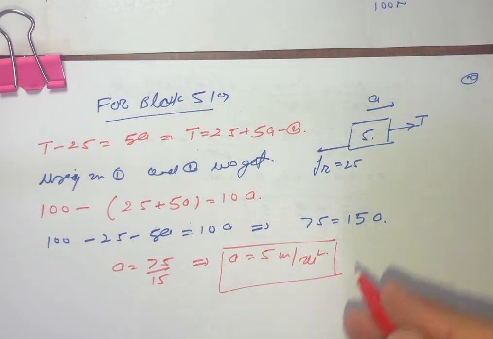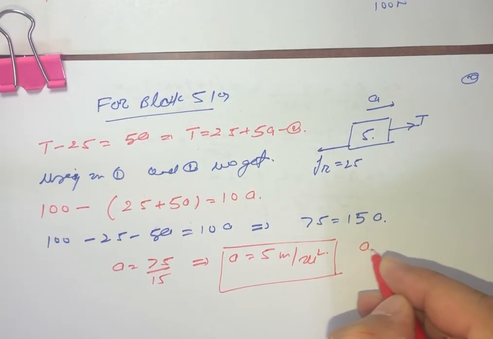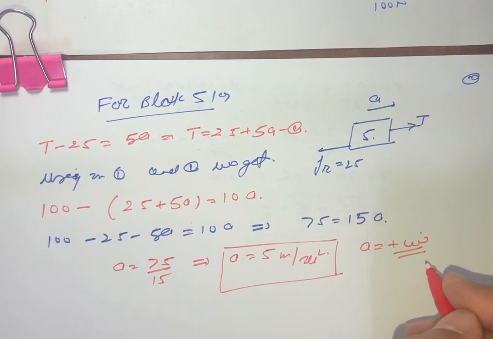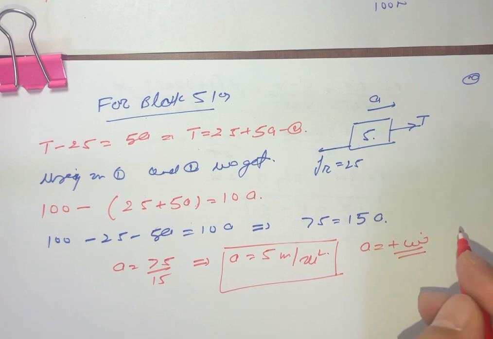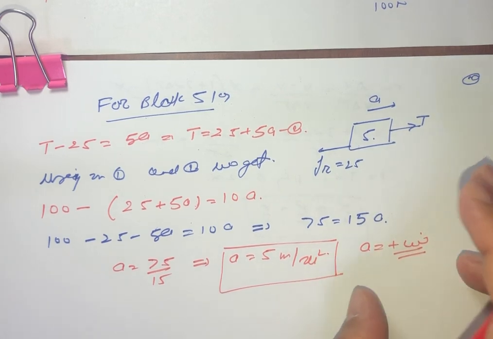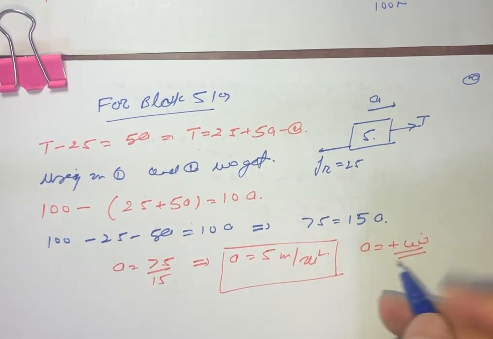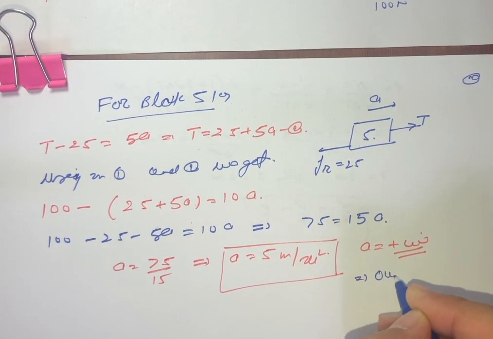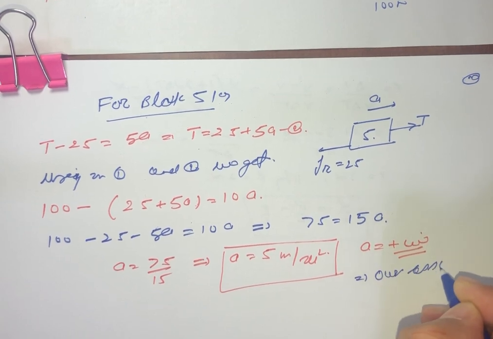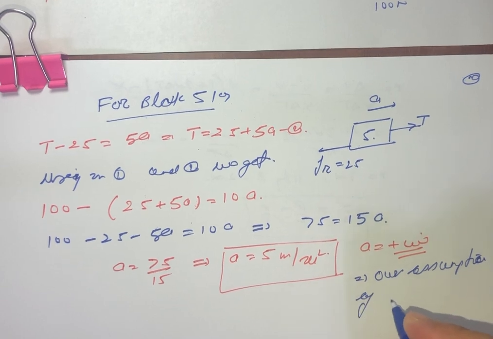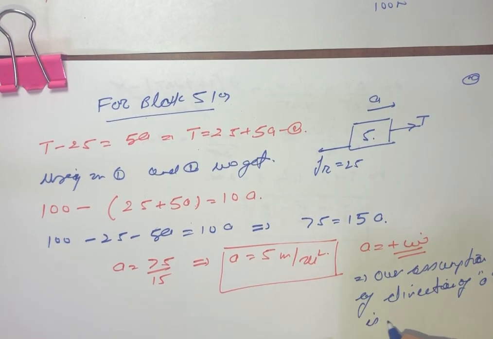And we check the sign. A is positive. If A is positive, it means the assumption which we made, of the direction of A, is correct.